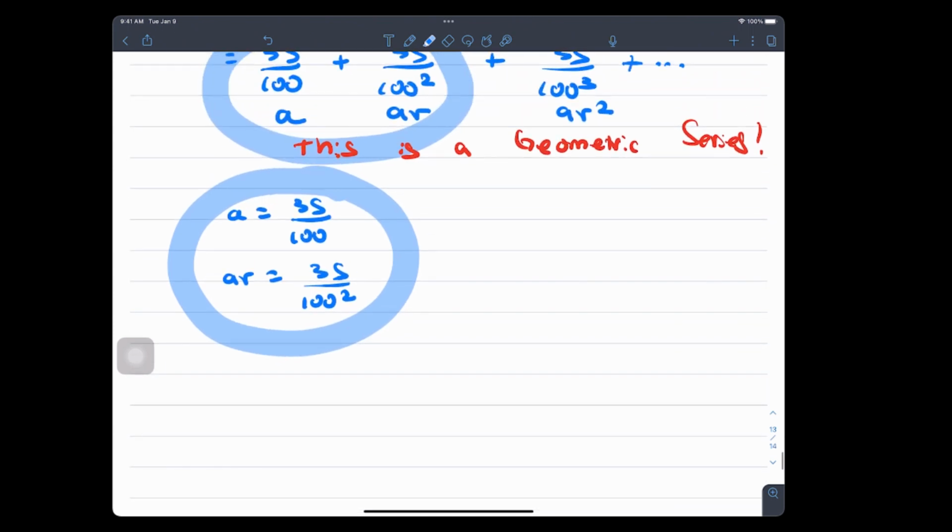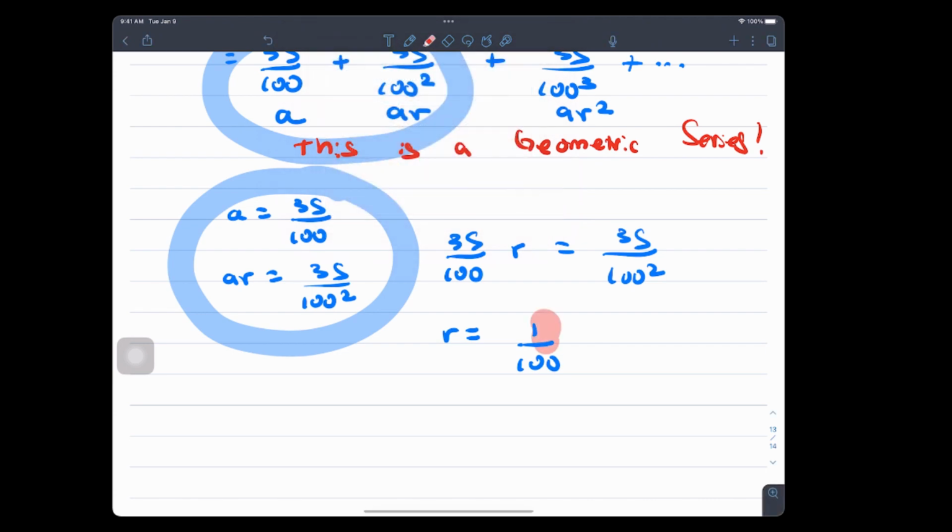So what does that mean about your R again, right? That means 35 over 100 times R has to be 35 over 100 squared. What do you think that means R has to be? What is R? Is that 1 over 100? Okay.